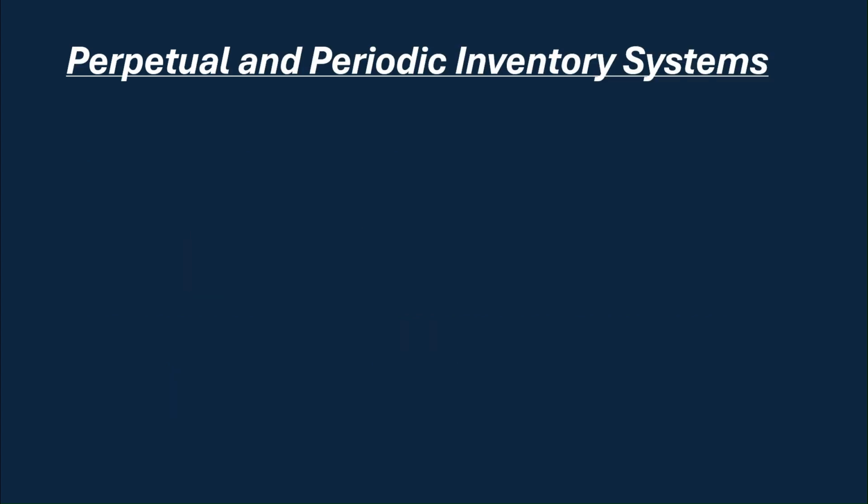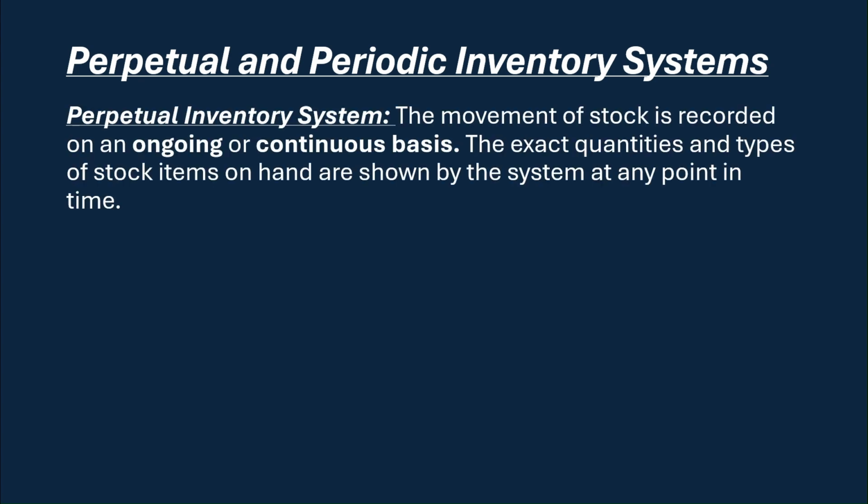Now, we're going to look at the two inventory systems, right? We have two inventory systems in accounting. We have the perpetual inventory system, and we have the periodic inventory system, right? Now, let's look at the perpetual inventory system. In the perpetual inventory system, the movement of stock is recorded on an ongoing or continuous basis.